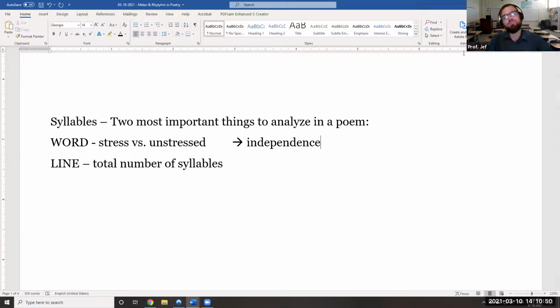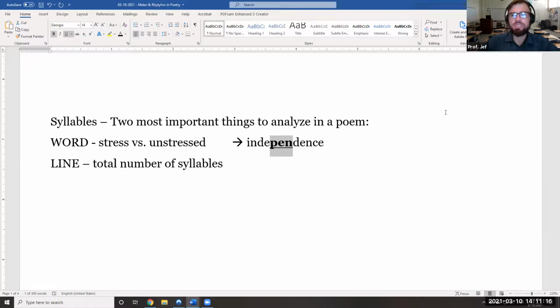How many syllables in the word independence? Four syllables, and the stress is on the third syllable. Independence. Words by themselves have a stressed syllable.